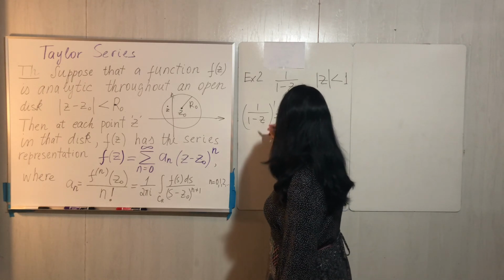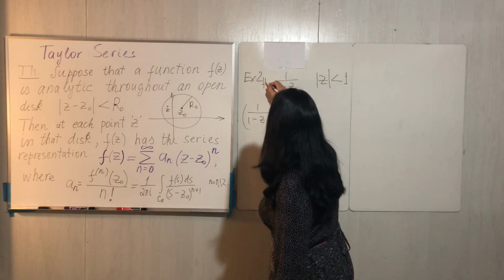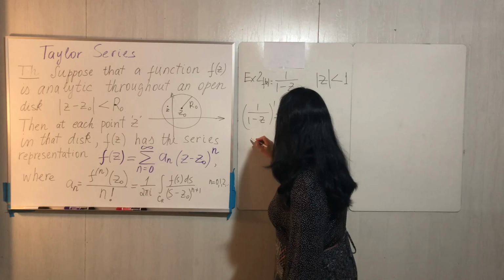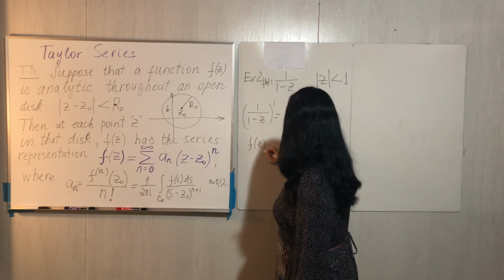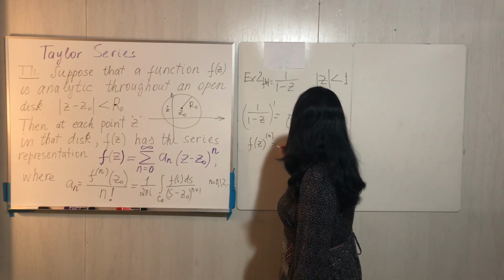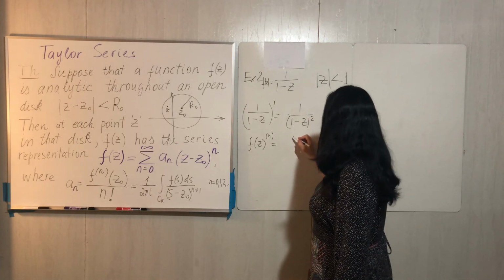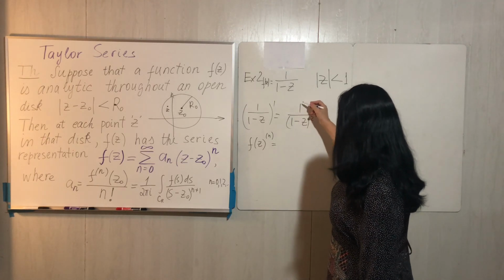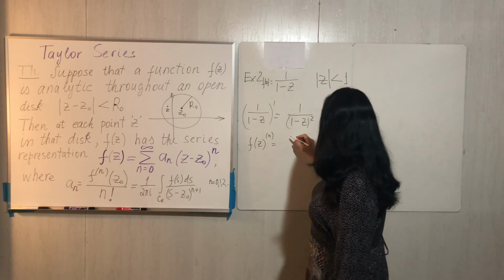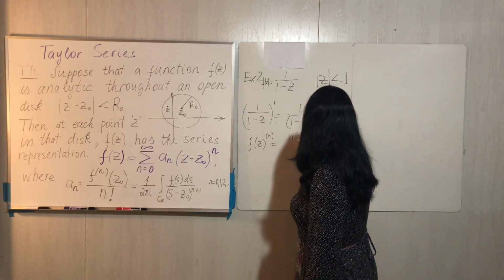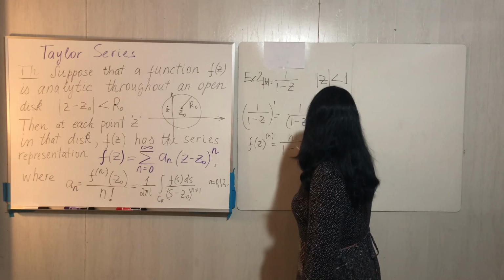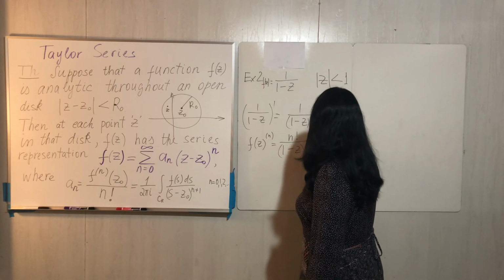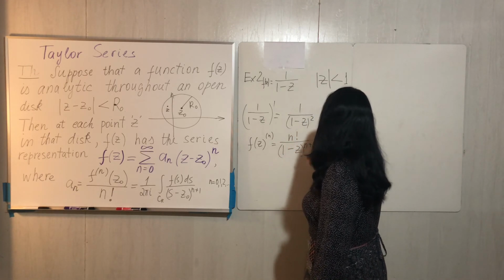We can see that if this is our f of z, then the nth derivative would be n factorial over 1 minus z to the power n plus 1.